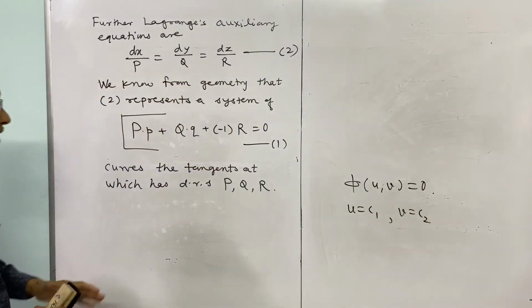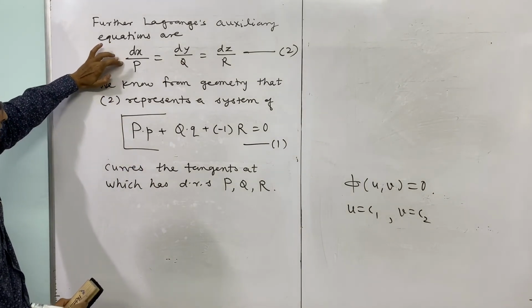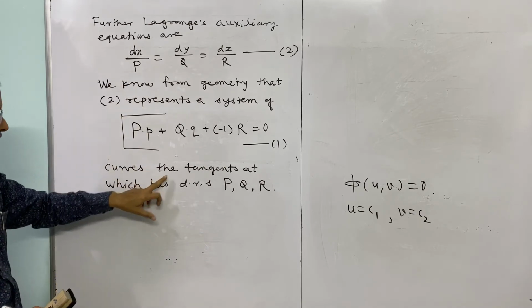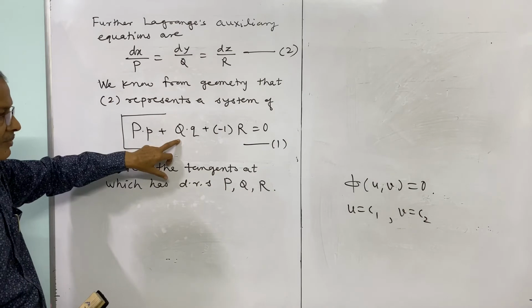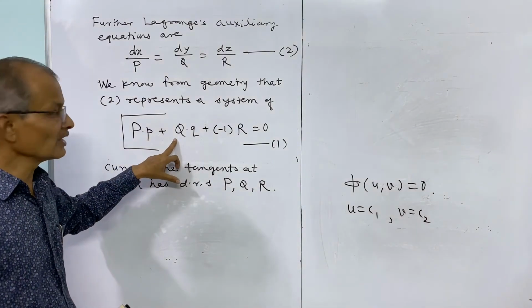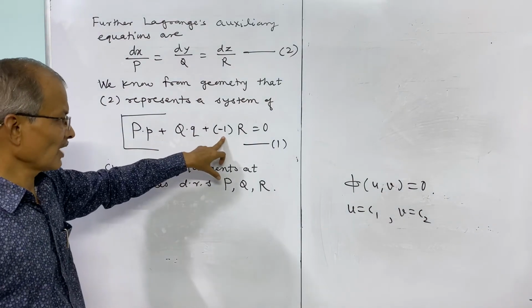So this is the geometrical meaning. The second equation represents a system of curves, the tangents at which have DRs P, Q, R, and from the first equation we get the DRs of the normal as small p, small q and minus 1.